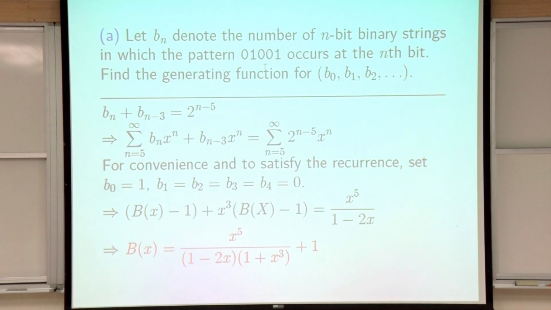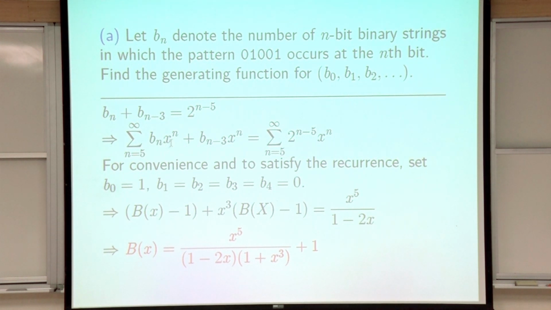Then 01001 occurs at the n-3 bit. So we can get the recurrence relation: Bn plus Bn-3 is equal to 2 to the power n minus 5, the number of strings ending with 01001.